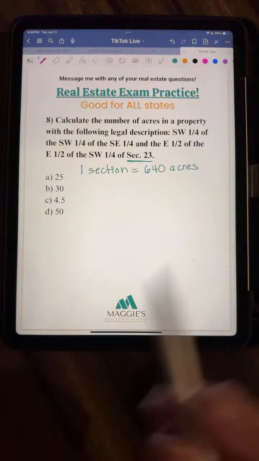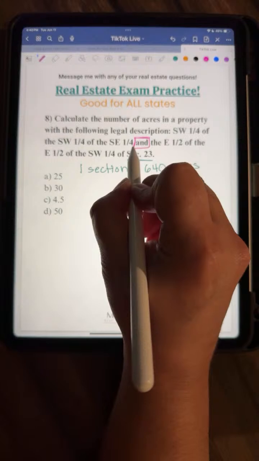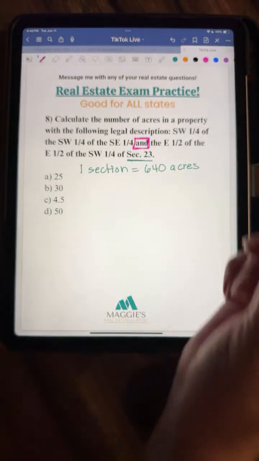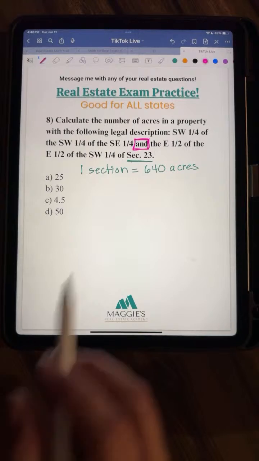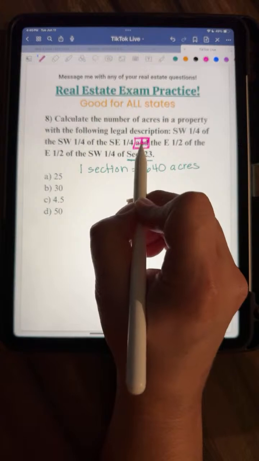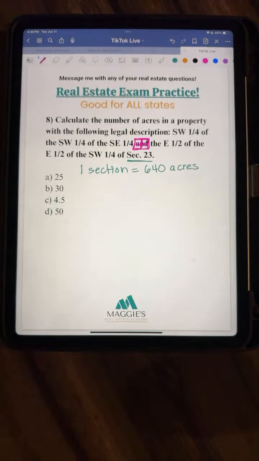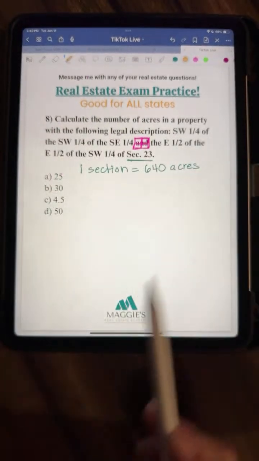Because if they have this word in it, I want you to stop. This word "and" means plus. You got to add. So what do you got to add?